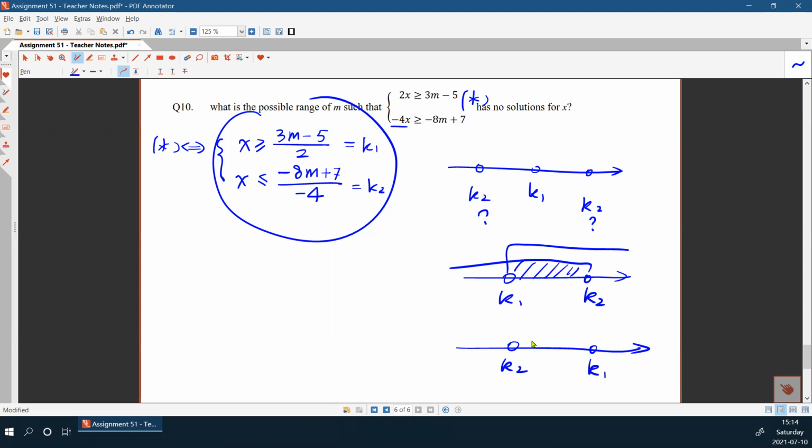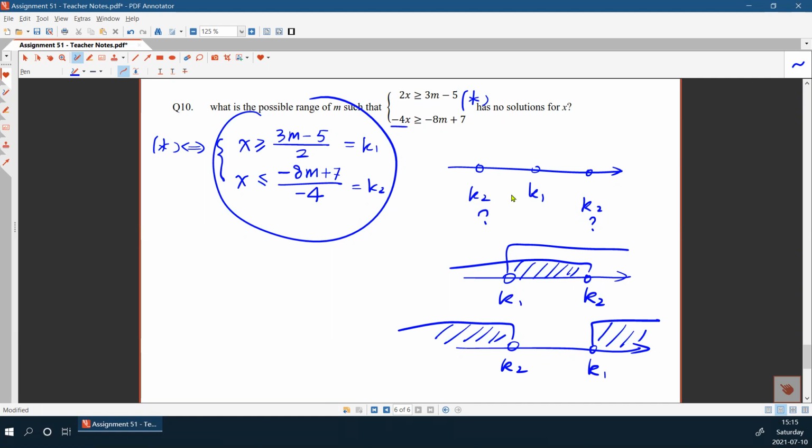And in the second case, x is larger than k1. That means x should be here. And x should be smaller than k2. That means x must be here, right? So is there any overlapped area in this case? No, right? So what are the relative positions of k1 and k2? Tell me.